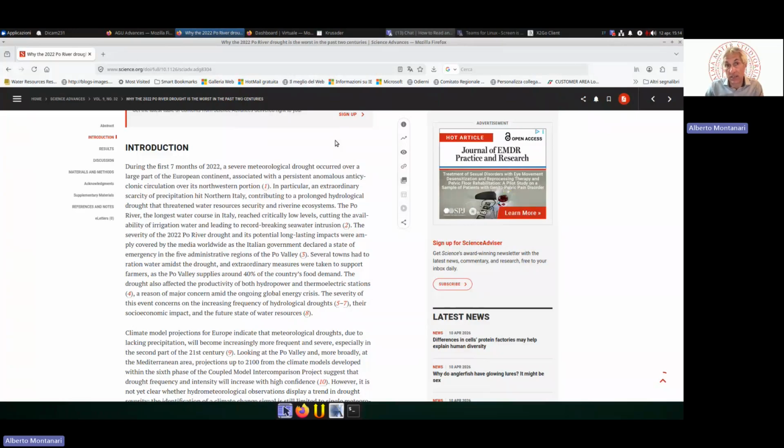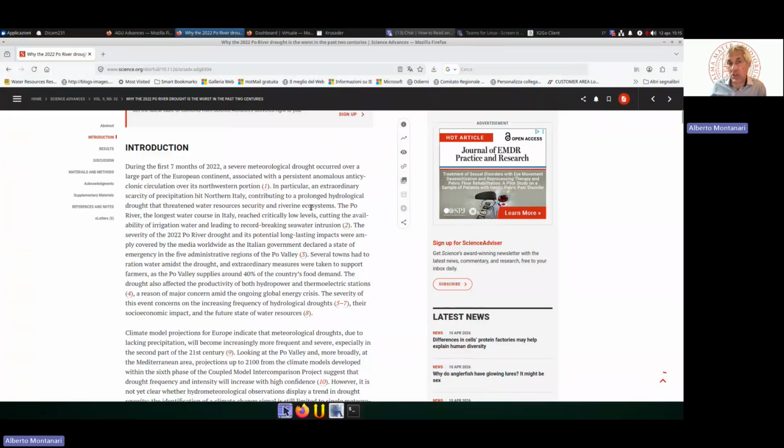The other sentences until the end of the paragraph provide additional details on the consequences, on the impact of the drought over the north of Italy. Usually in my first read, I don't focus on these details, and I jump then to the second paragraph.